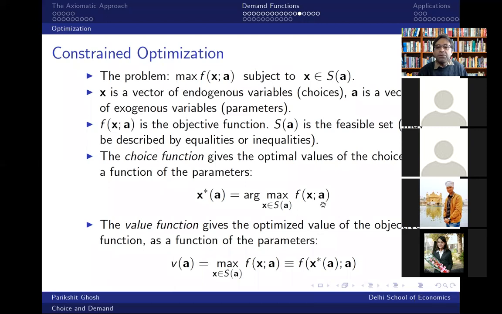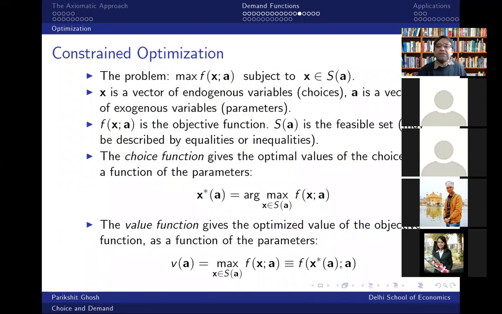No, X doesn't belong to the set of A. X belongs to a set of X's. X has to be drawn from a set of X's. That set changes if any of the parameters change. So again, think of the consumer's problem. In the consumer's problem, the set is the budget set.